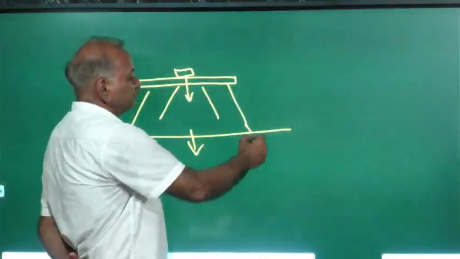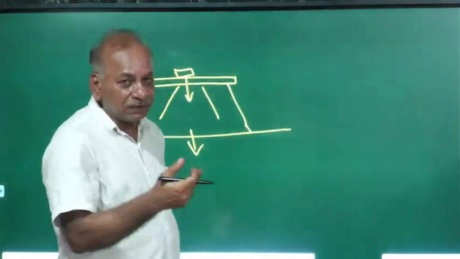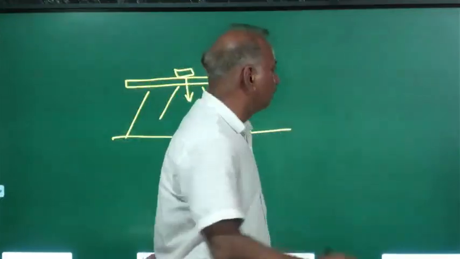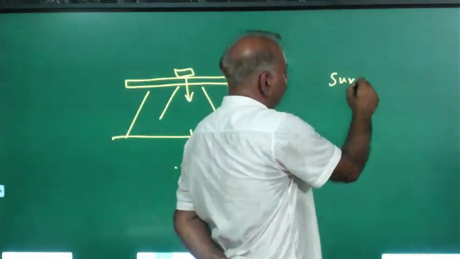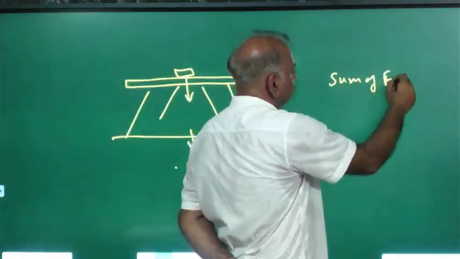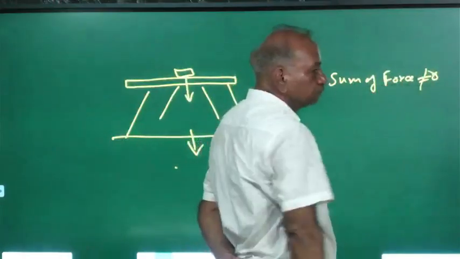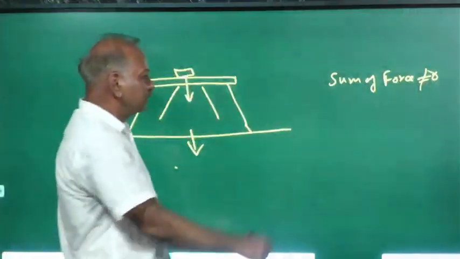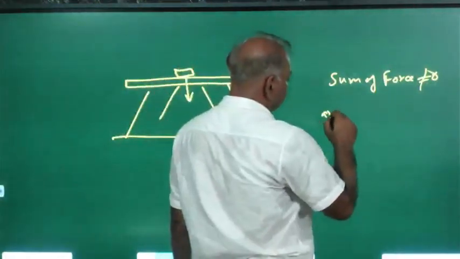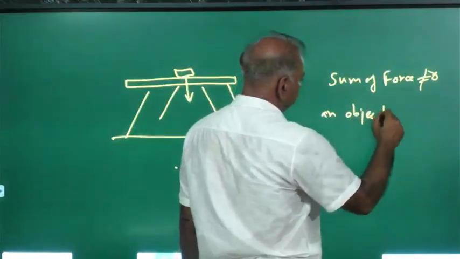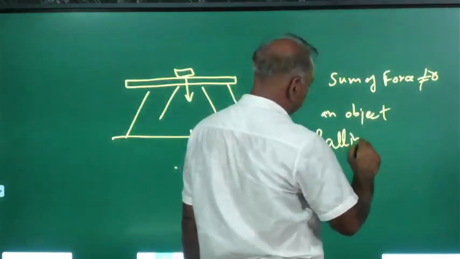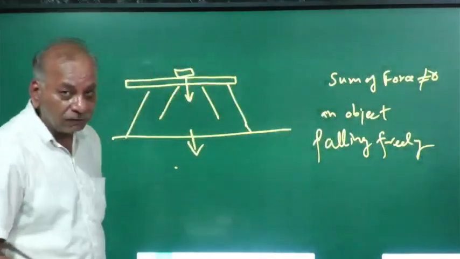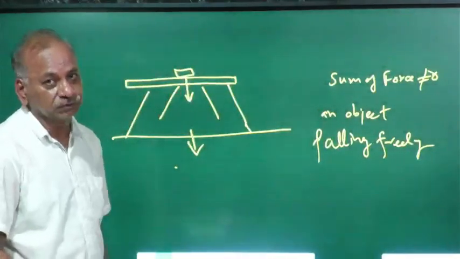But what is there? If only a one-sided force is applied, then the sum of forces will be non-zero, and the object will start moving, like an object falling freely under the influence of Earth's gravitational force.